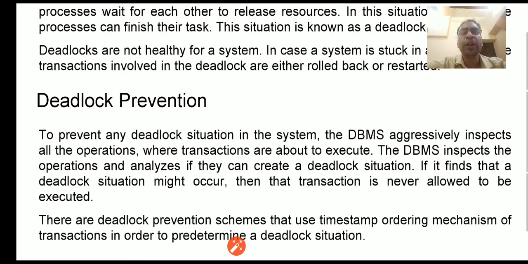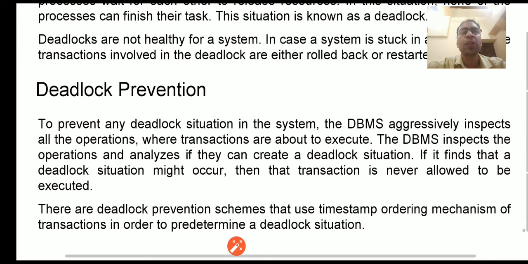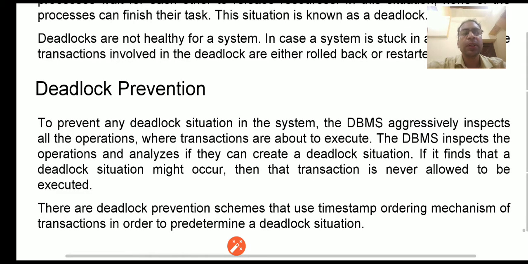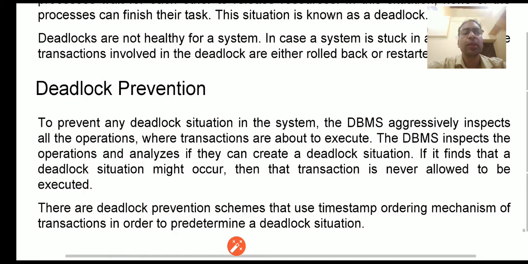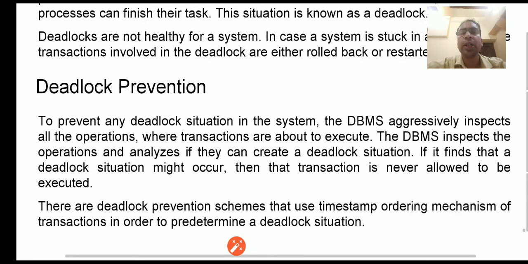To prevent any deadlock in a system, the DBMS has to inspect all the available transactions and all the incoming operations that are to be executed in future, and whenever the system finds that operations can result in a deadlock, then those operations are aborted to avoid the deadlock.